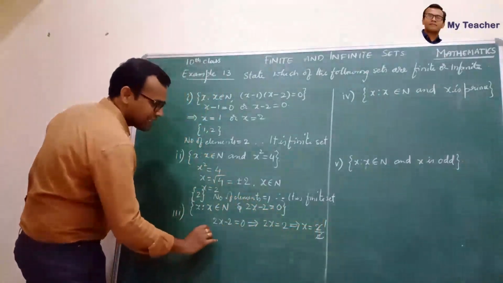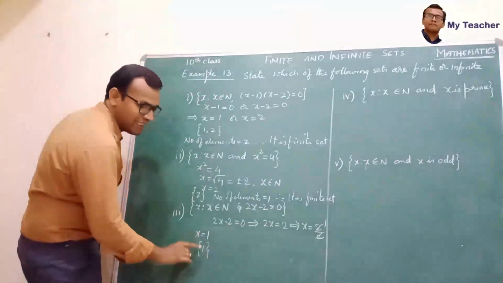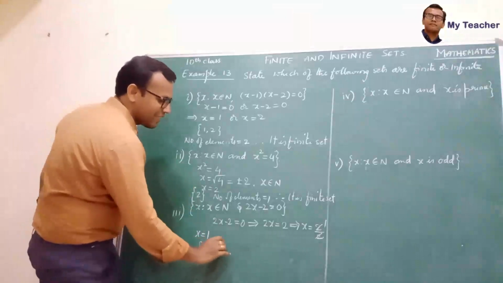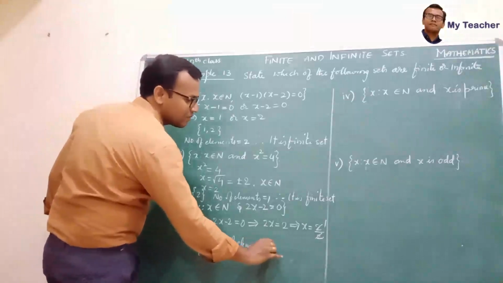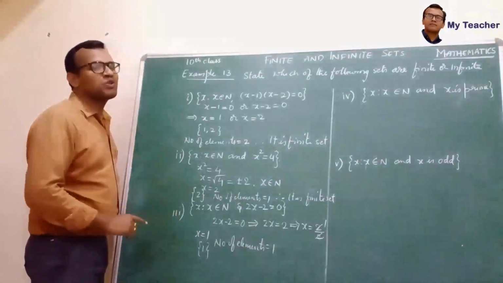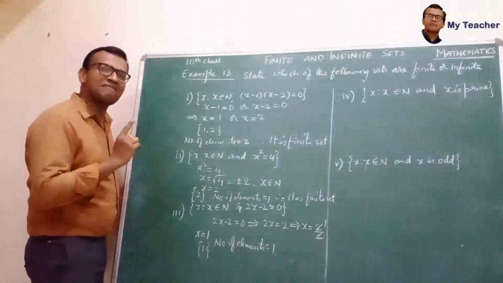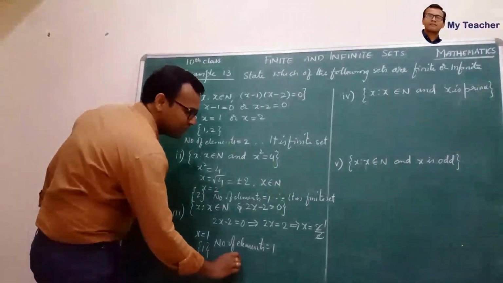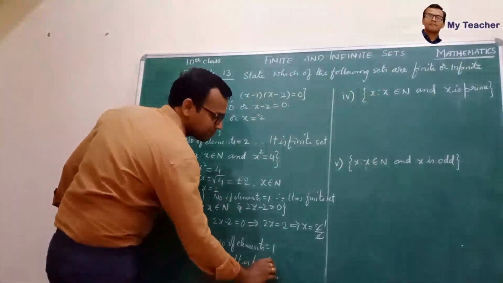So x is equal to 1. Then this set contains only one element. Number of elements is equal to 1. Since we can express the number of elements of this set in whole numbers, it is a finite set. Therefore, it is a finite set.